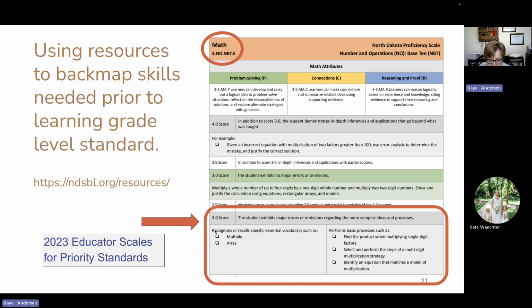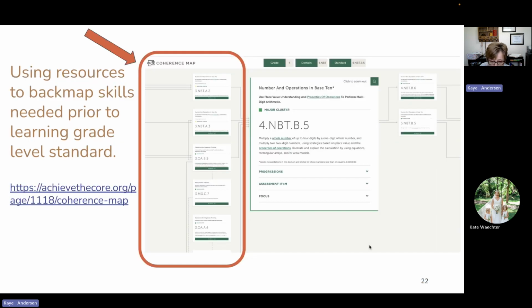And it gives me this vocabulary for that. It tells me the basic processes that the student may not be able to do yet, even though they are standards that were out of grade level, or perhaps were taught earlier in the year. What are standards that they need to know and be able to do?